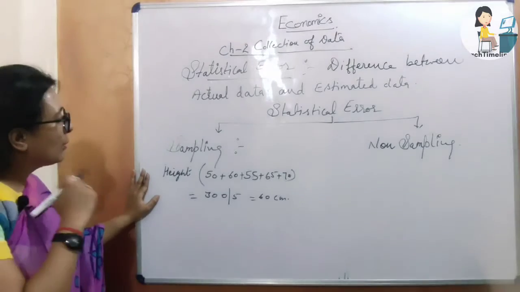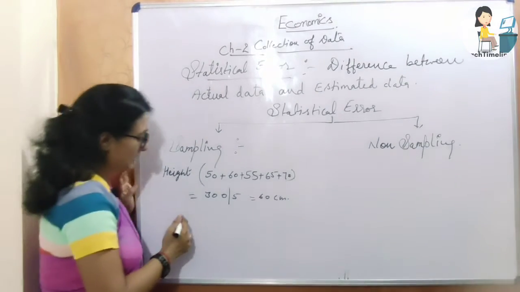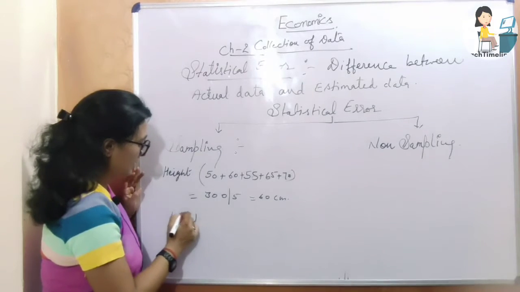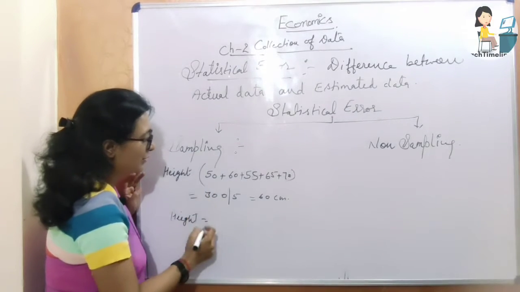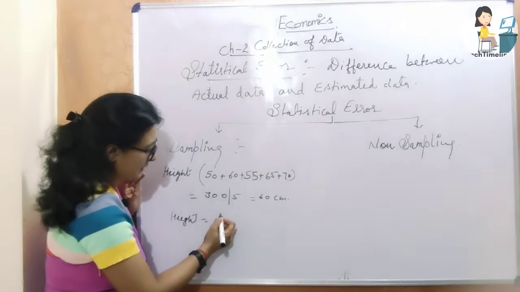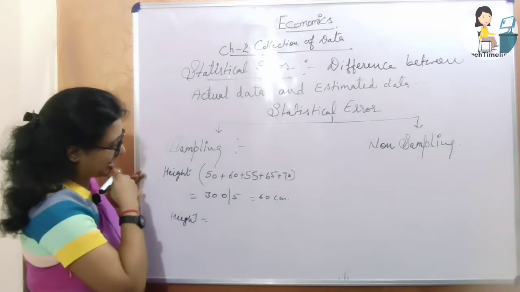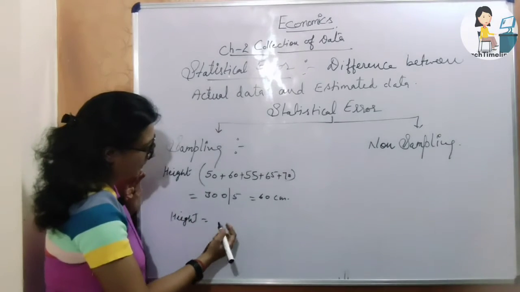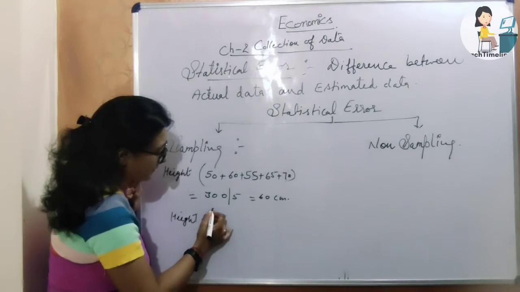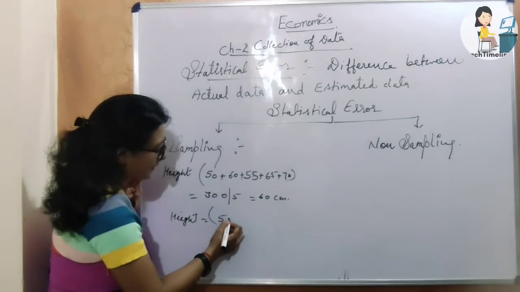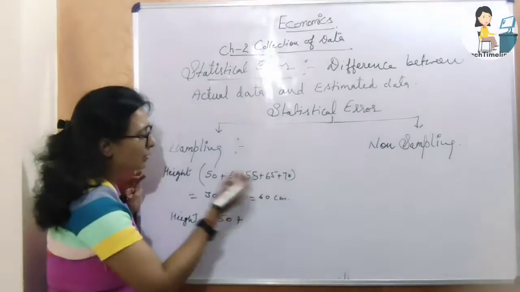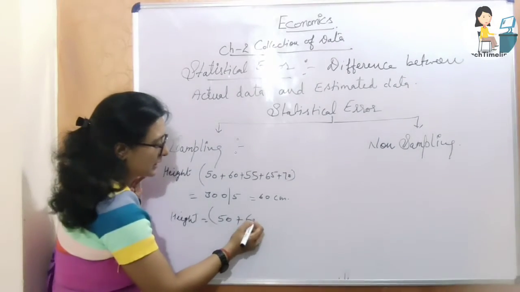Now I will take another sample. The same heights are given to me. I'll choose a few people as a sample here. Suppose I take the values 50 and 60.